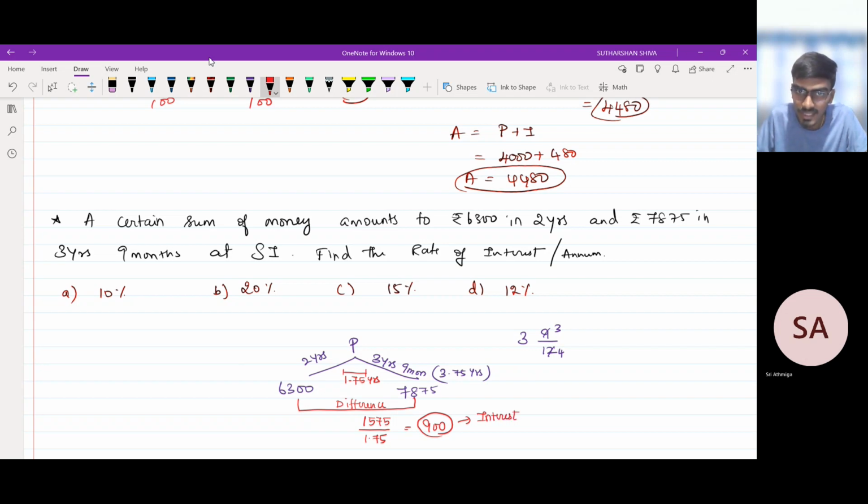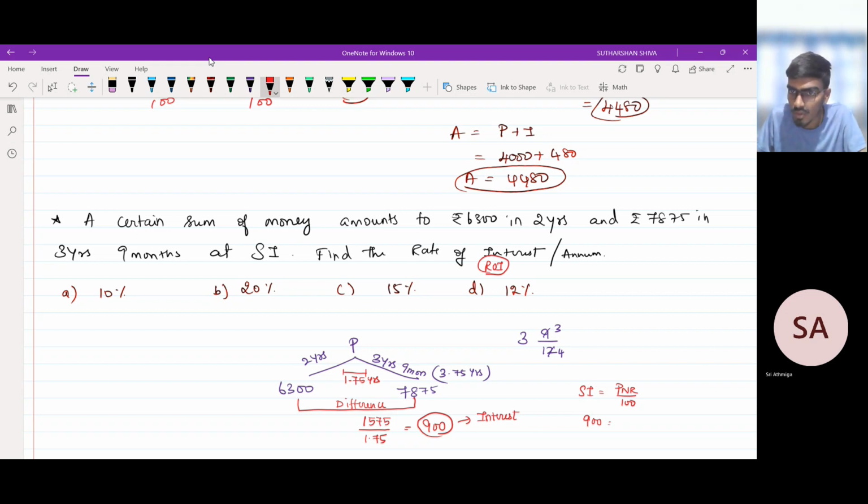But what are they asking? ROI, rate of interest. What is the simple interest formula? Simple interest is equal to PNR by 100. From this, you know interest is 900 for 1 year.